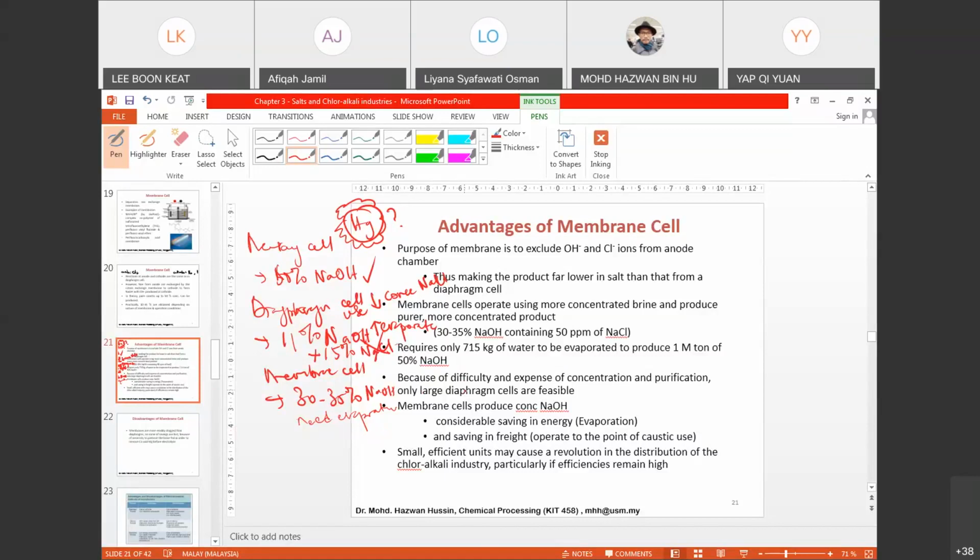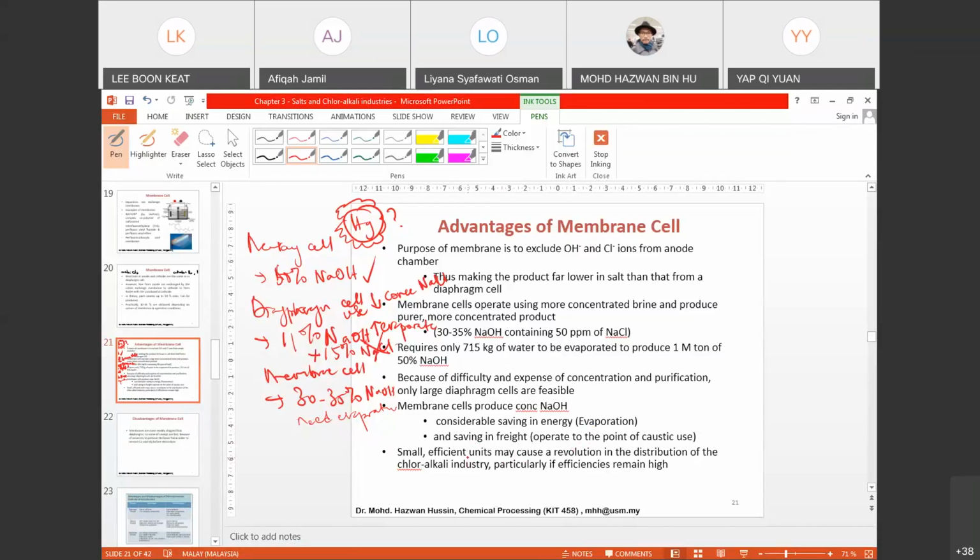Right. Because of the difficulty and expense of concentration and purification, only large diaphragm cells are feasible. So the membrane cell produces concentrated sodium hydroxide, and it can be considered a saving in energy for evaporation because not much evaporation is required, and then a saving in freight, okay, up to the point of the caustic use.